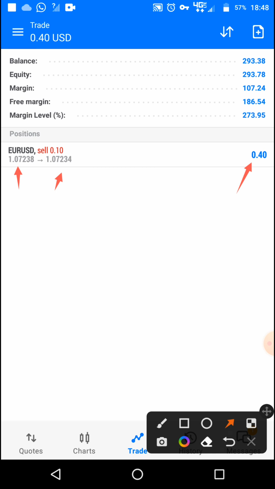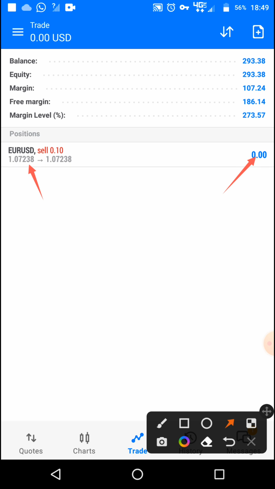So you can see that I went sell around this price. When the last decimal digit moves from 3 to 2, when it drops down, it means that I'm making profit.